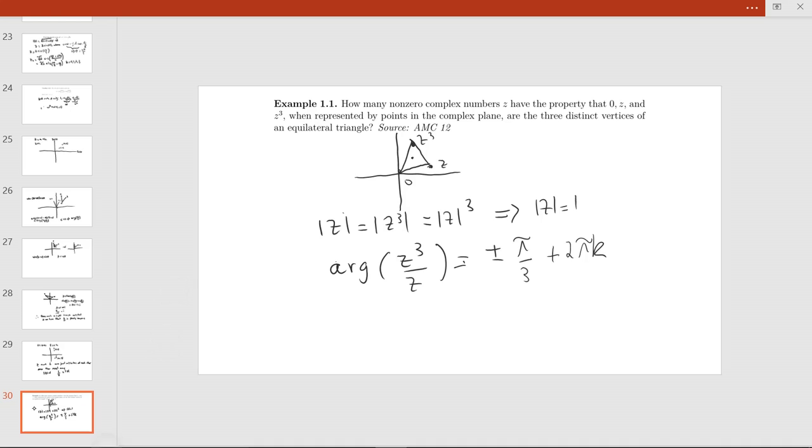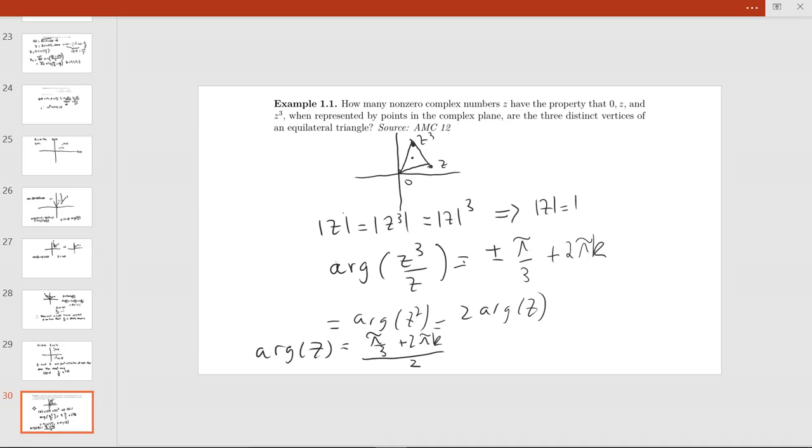So we can see that the left hand side is equal to the argument of z squared, which is just equal to 2 times the argument of z by de Moivre's theorem. So we have that the argument of z is equal to pi over 3 plus 2 pi k, over 2.